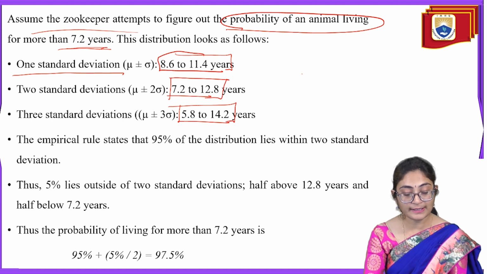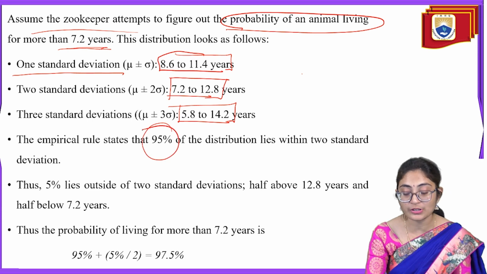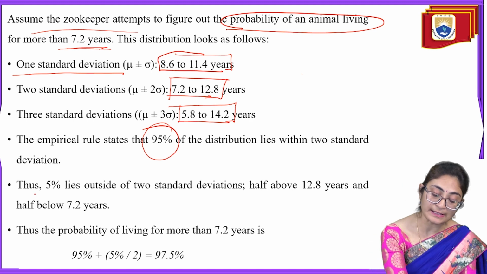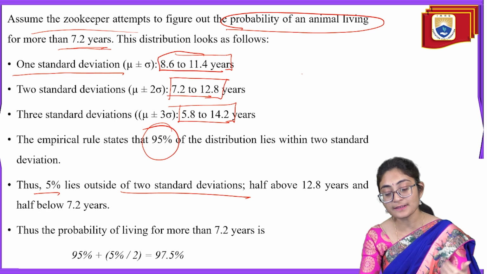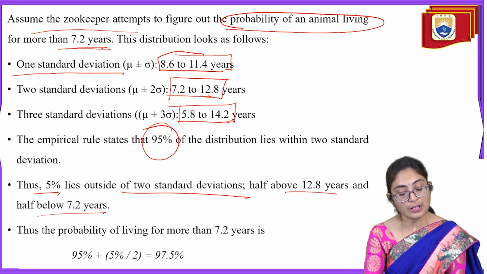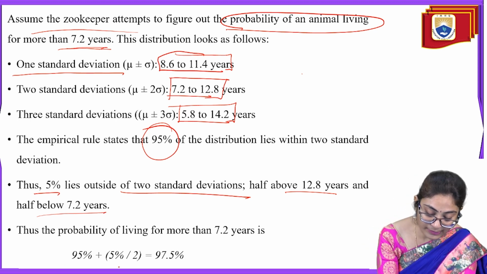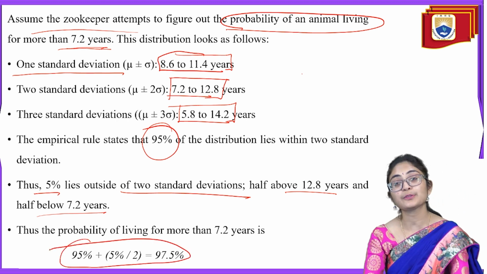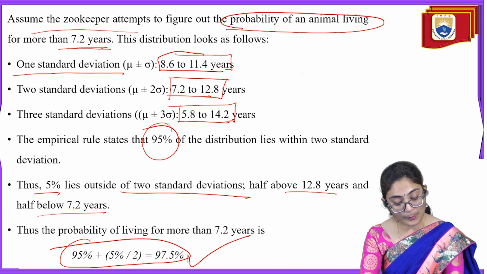The empirical rule states that 95% of the distribution lies within 2 standard deviation, and 5% lies outside 2 standard deviation. That means half is above 12.8 years and half below 7.2 years. So the probability of living more than 7.2 years is 95% plus 5% divided by 2, which is equal to 97.5%. This is our probability.